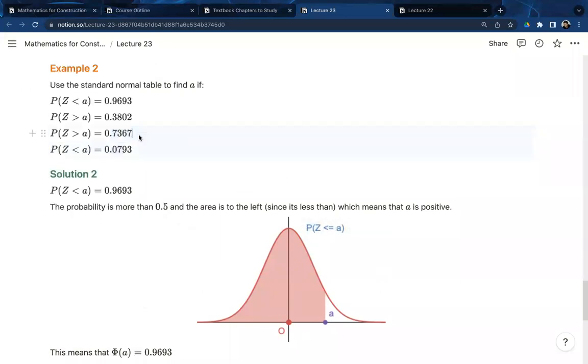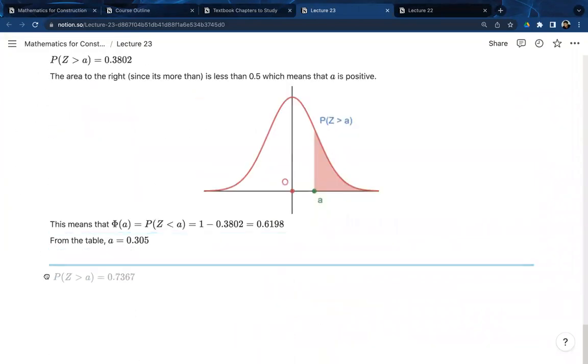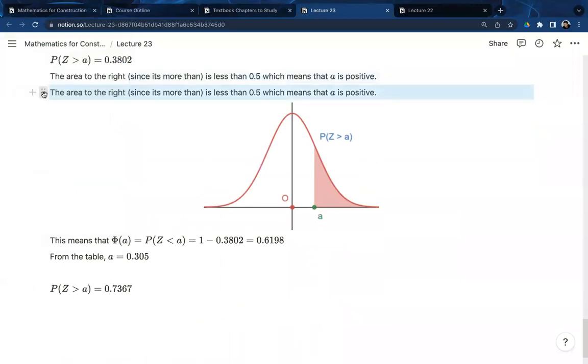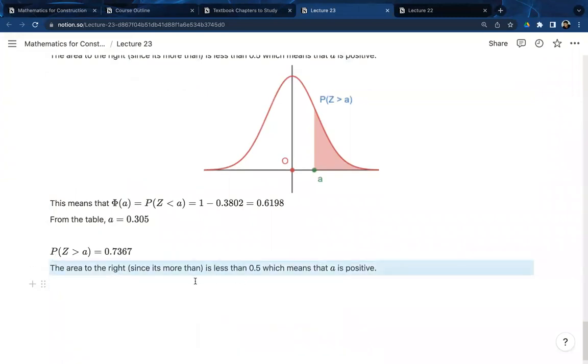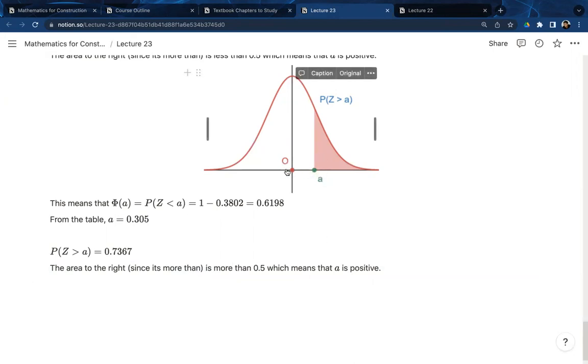So this question here, the third one, let's move it down. What you notice about this here? Probability is more than 0.5 and is an area to the right, right? So the area to the right, since it's more than, is more than 0.5. So if A is here, you have to slide A to the left of the origin for the area to the right of it to be more than 0.5.